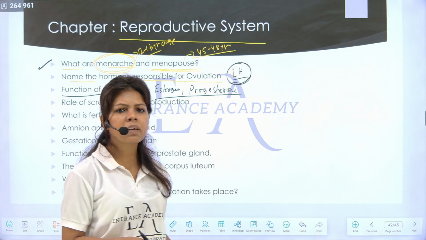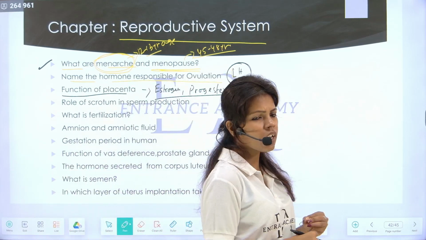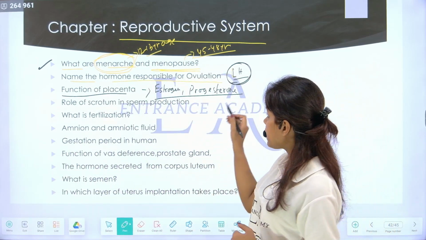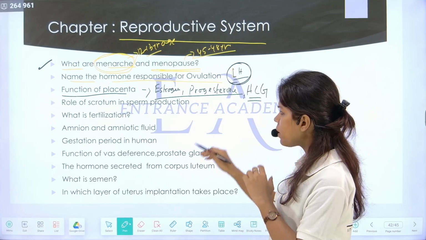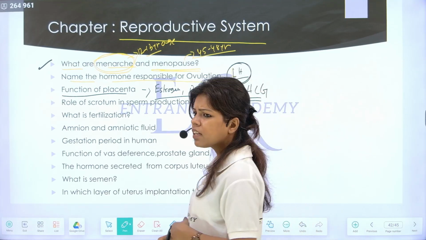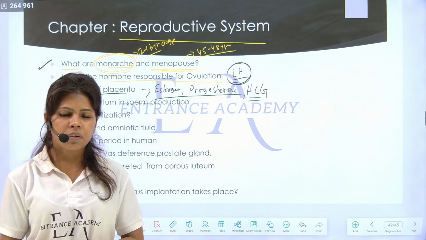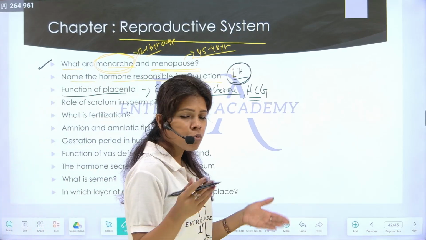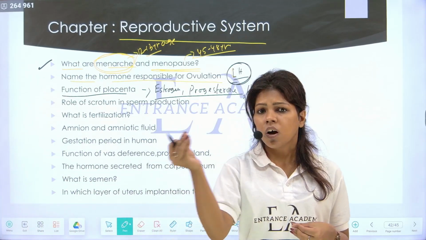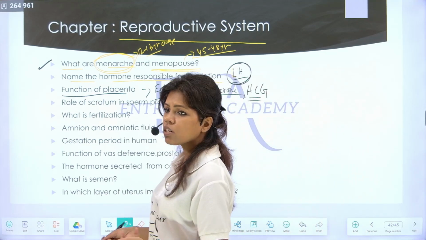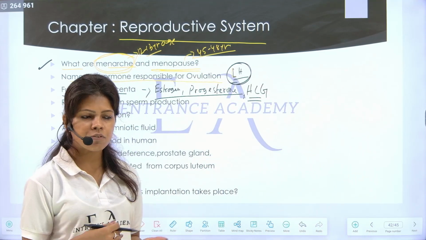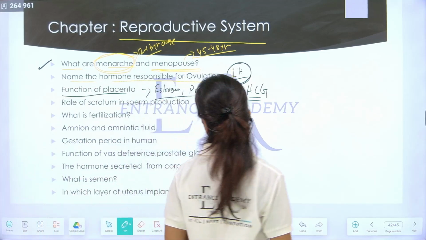During the pregnancy period, it can secrete estrogen and progesterone and another hormone, that is HCG, human chorionic gonadotropin hormone, but normally it is not present inside our body and the endocrine function is not there. But the main function of placenta is to transport of material, food, oxygen from mother to fetus and removal of waste like carbon dioxide, urea and another nitrogenous waste from fetus to mother.